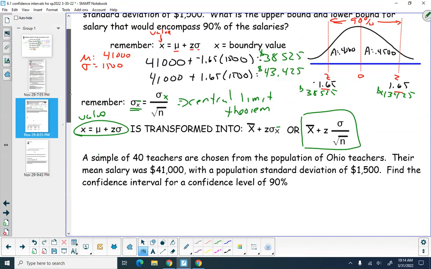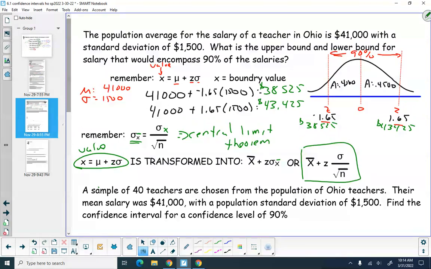Well, what we are looking at up here is 90% of the salaries.